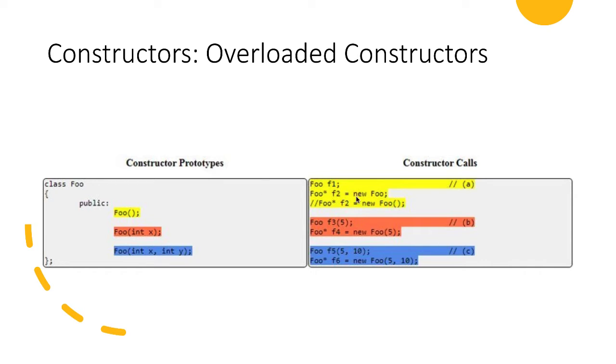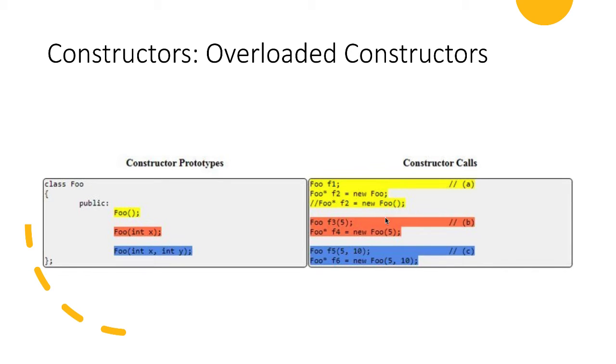You can tell because we are not passing it any arguments. And the same thing here, we are defining ourselves a pointer on the stack and returning it an address on the heap, and we are not passing any arguments, so we know that the constructor is a default constructor, or this constructor right here.